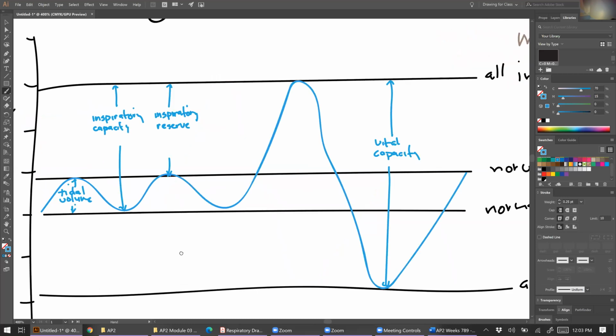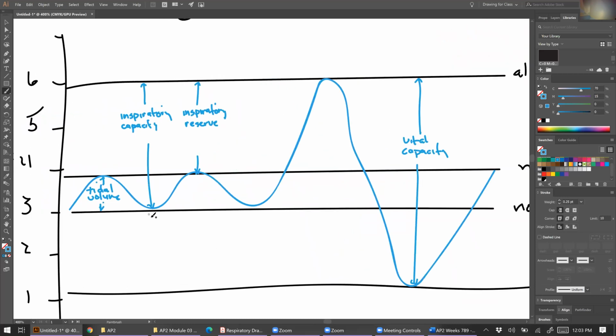How much air can you breathe out after you've breathed out normally? That's going to be your expiratory reserve. So how much more in reserve do you have after you've taken a normal breath out? After you've taken a normal breath out, normal breath in, how much can you breathe out? That's called your expiratory capacity.